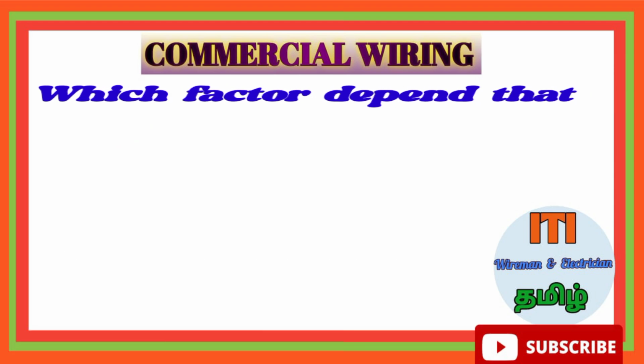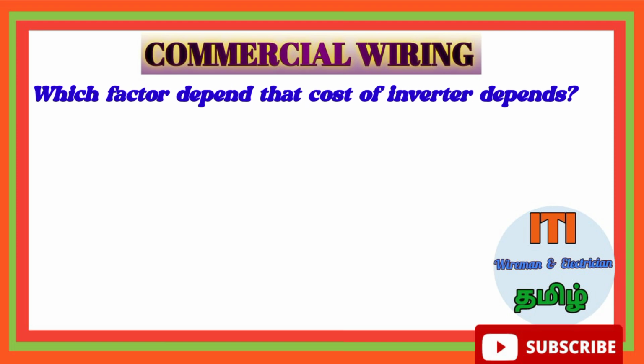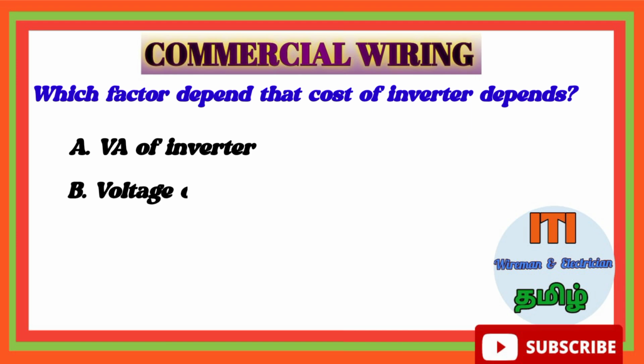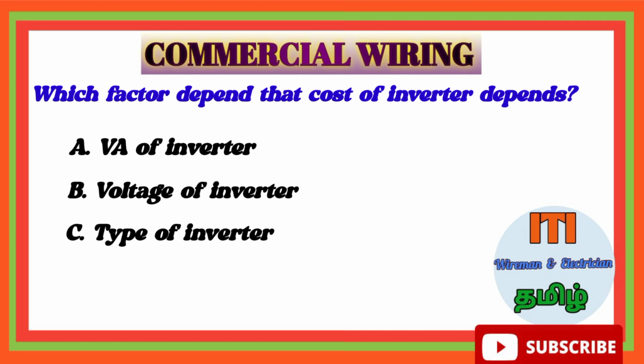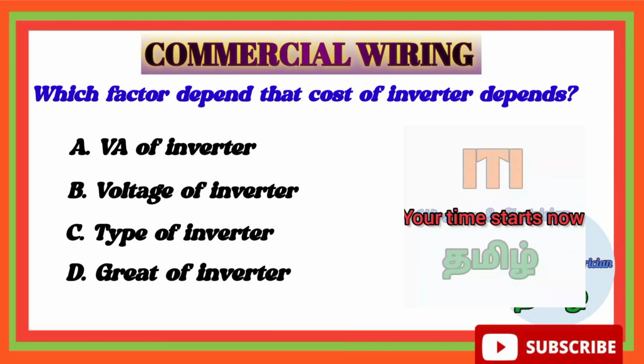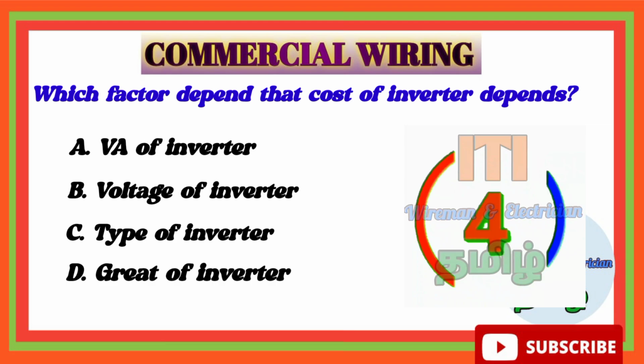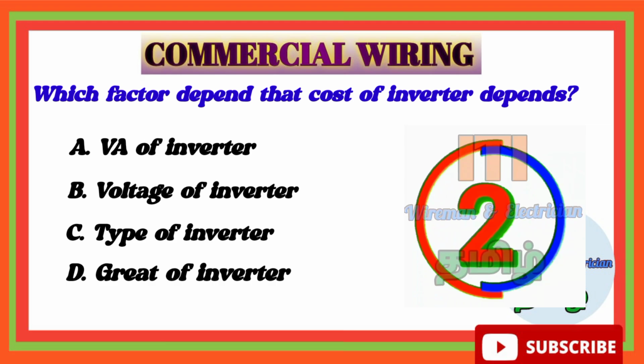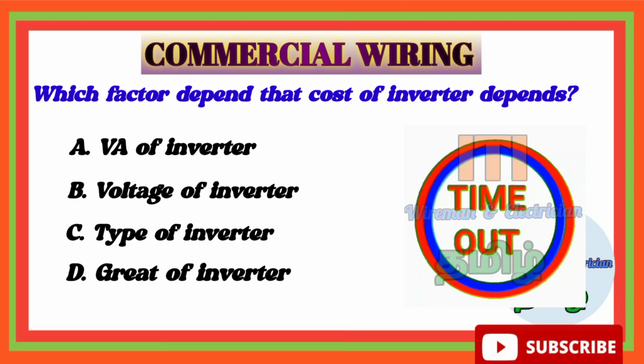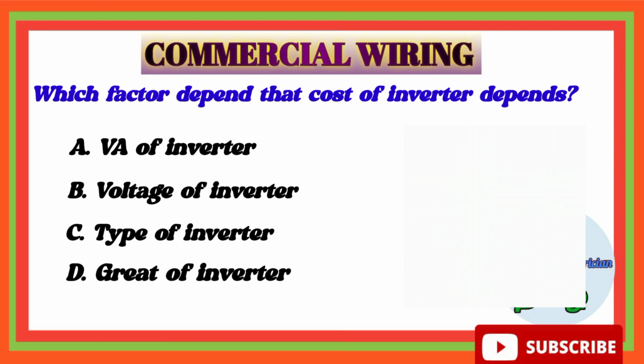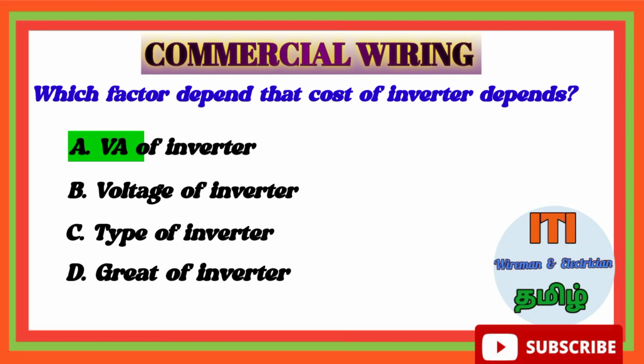Which factor does the cost of inverter depend on? Option A, volt ampere of inverter. Option B, voltage of inverter. Option C, type of inverter. Option D, grade of inverter. Answer: option A, volt ampere of inverter.